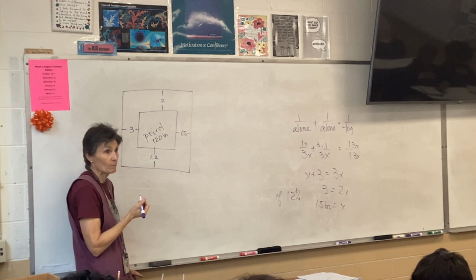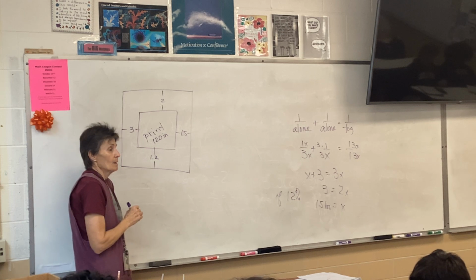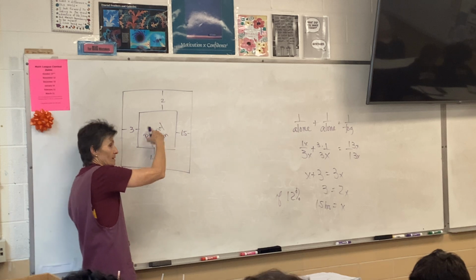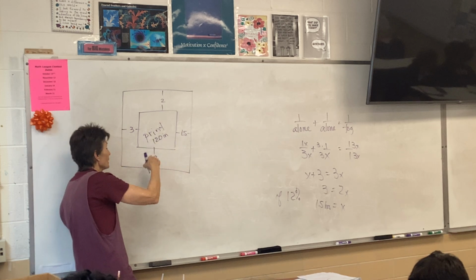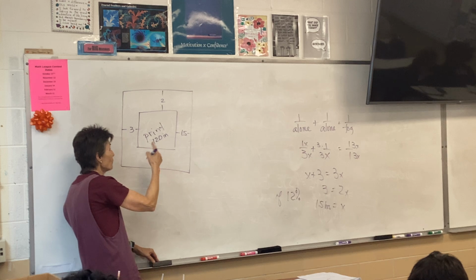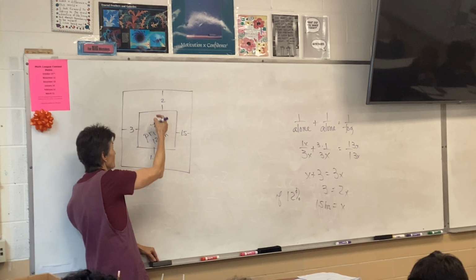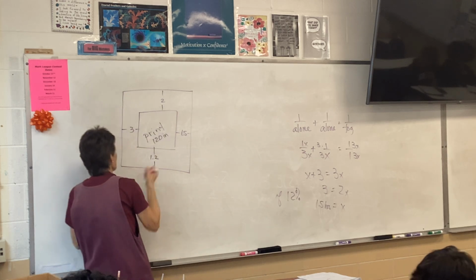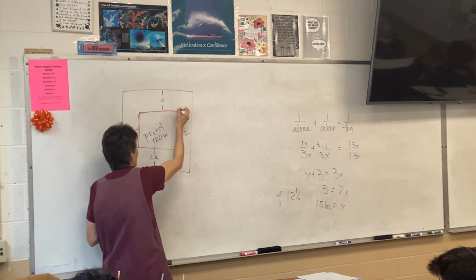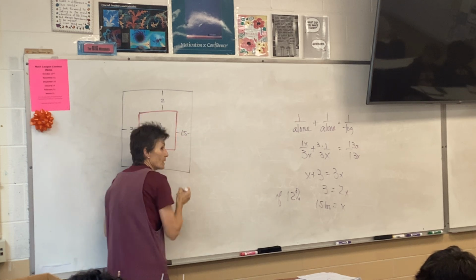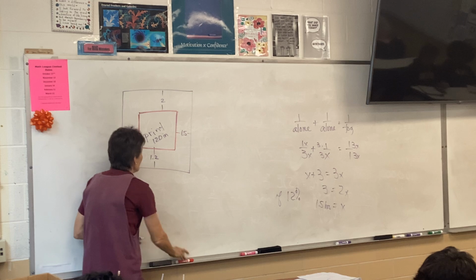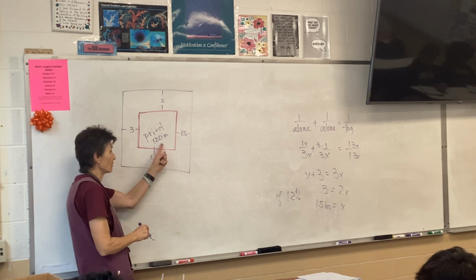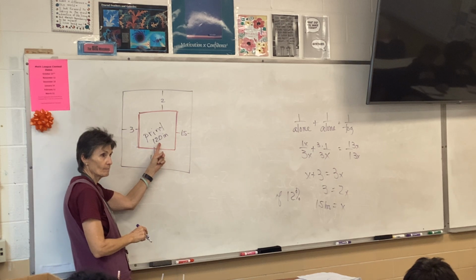Okay, does everybody understand what's happening? Okay, let's look at this little rectangle. I don't know what either of these dimensions are. Would you agree, these red dimensions? I do not know what either one of them are. But I know that if I multiply them together, I get 120.